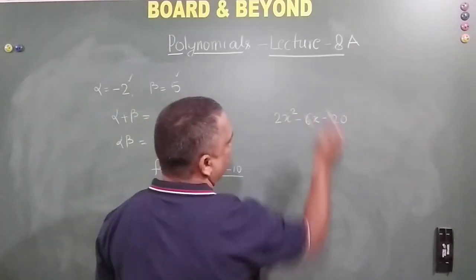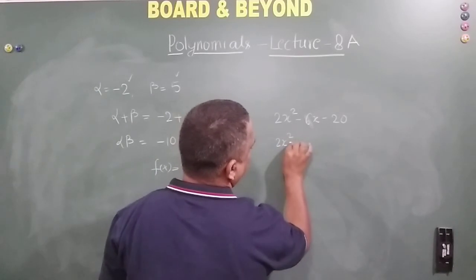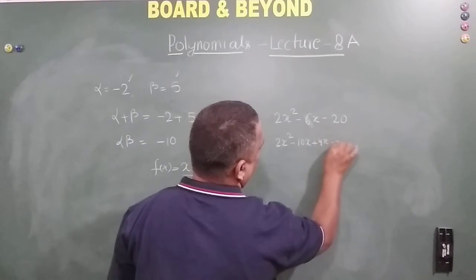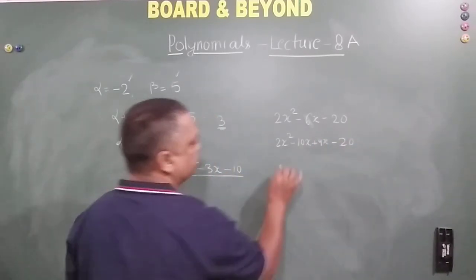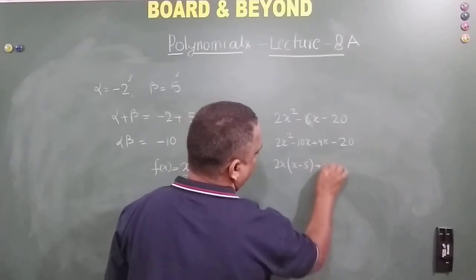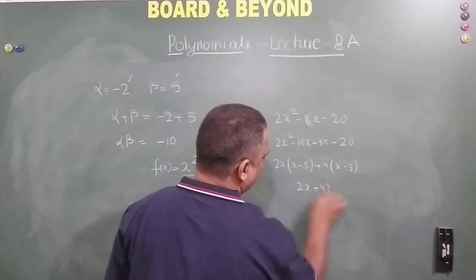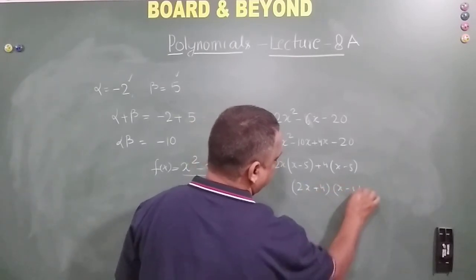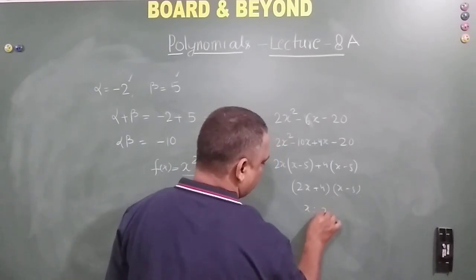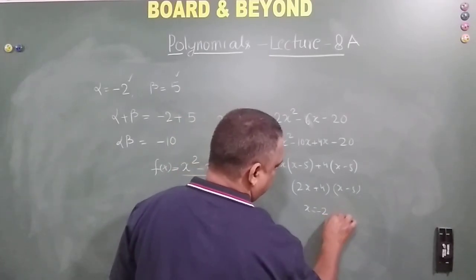So 40 is nothing but 10 into 4. Taking 2 as common, this leaves me with 2x plus 4 and x minus 5. So this gives me x is equal to minus 4 divided by 2, that is minus 2, and x is equal to 5.